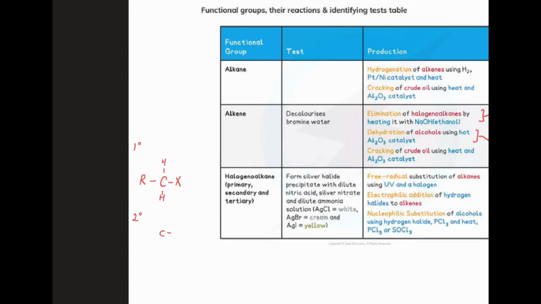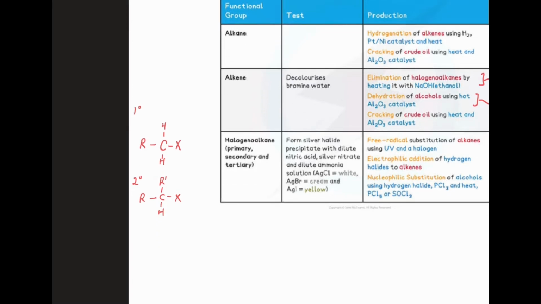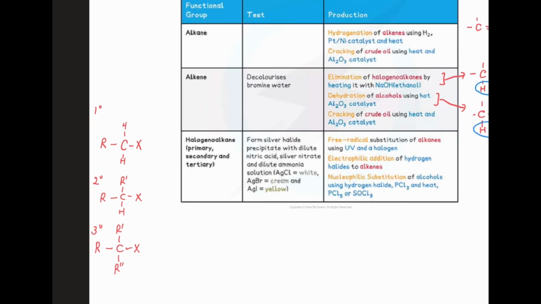Secondary is CX with two alkyl groups, R and R prime, and one hydrogen. Tertiary is three alkyl groups, R, R prime and R double prime. So that is tertiary.